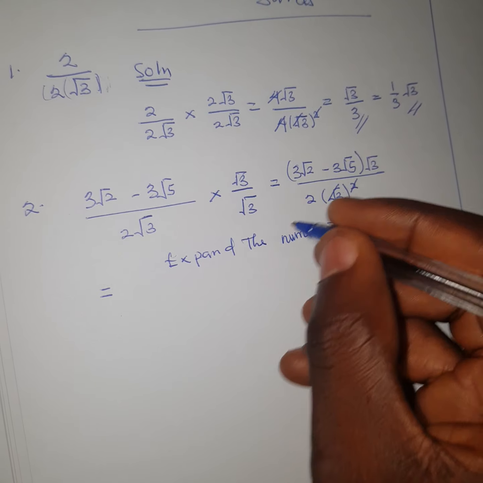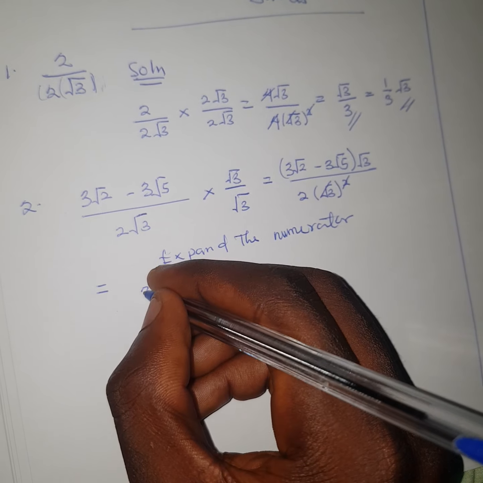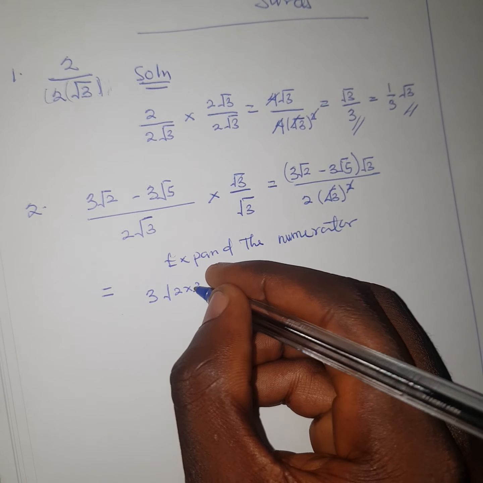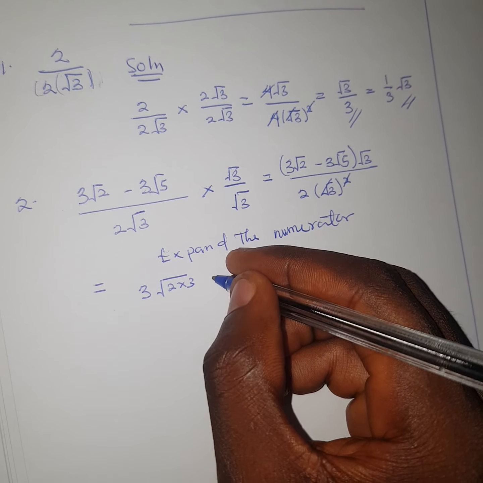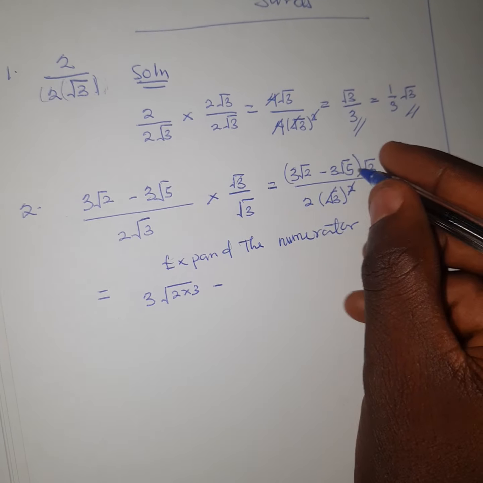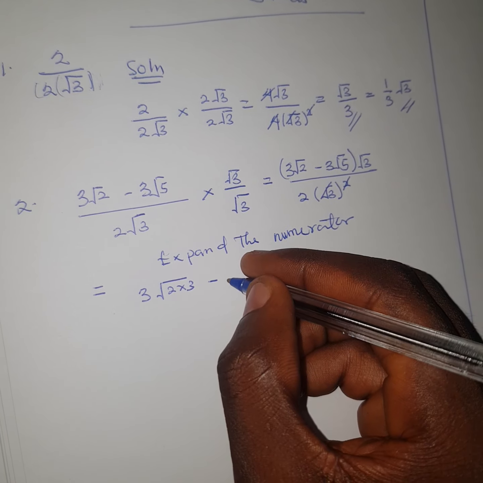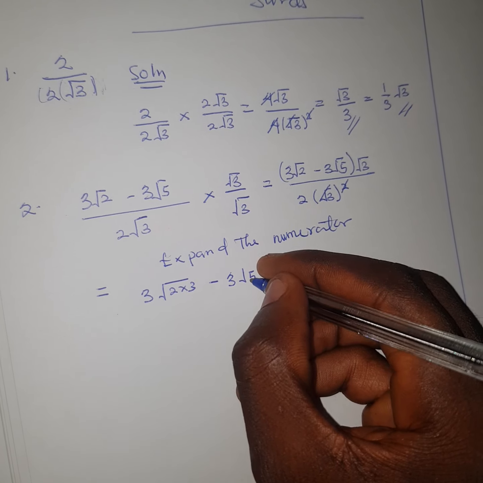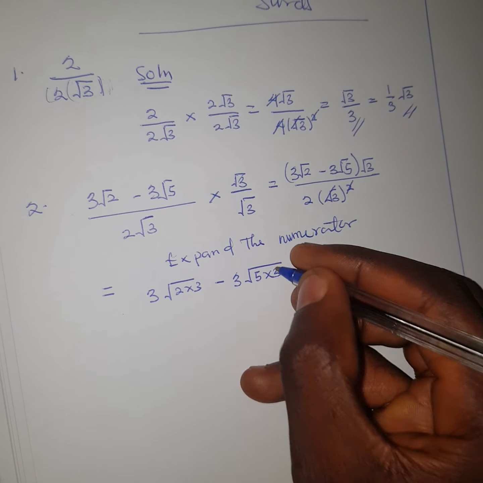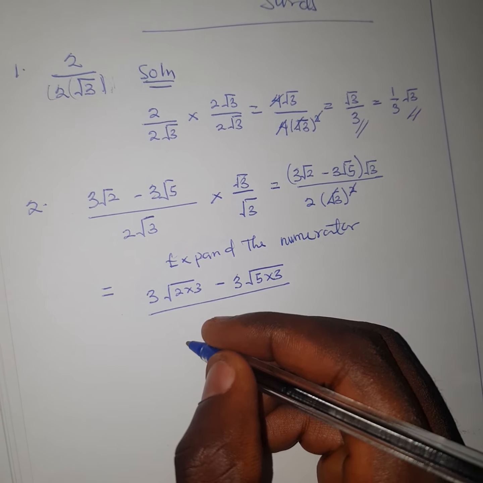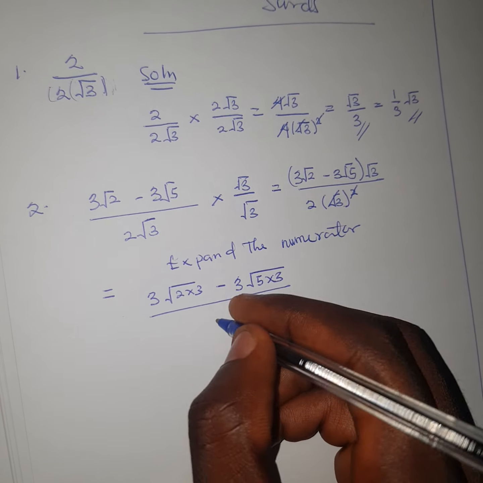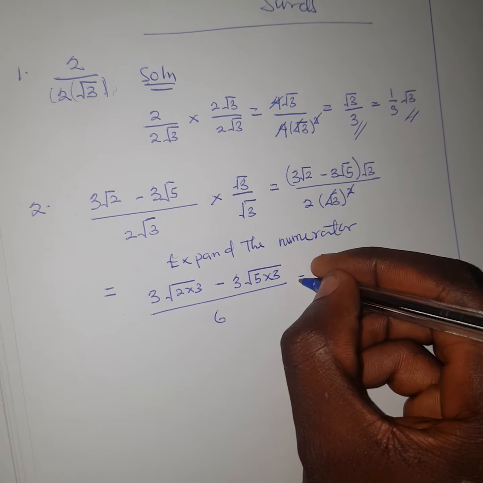This multiplied by this will give us 3 root 2 times root 3, which is 3 root 6, minus this multiplied by this, 3 root 5 times root 3, which is 3 root 15, all over 2 times 3, which is 6.